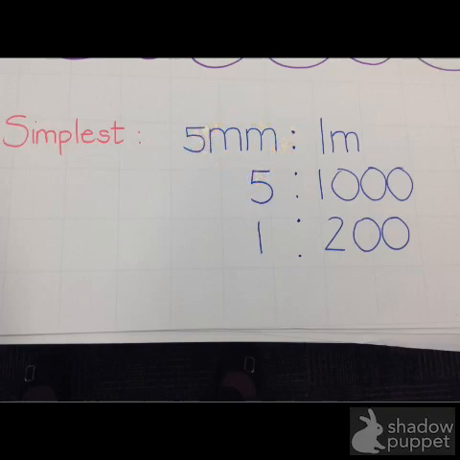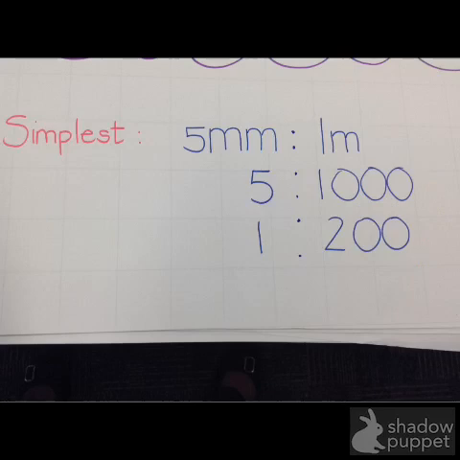So we just take down our 5 because it's already in millimeters, and then we use our scale to take us from a meter to millimeters, and that works out to 1,000 millimeters. And then we bring it down as low as we can go. So what goes into 5 and into 1,000? 5 does. You divide that by 5, you divide that by 5, and you can't bring that down any lower. So that is your simplest ratio.